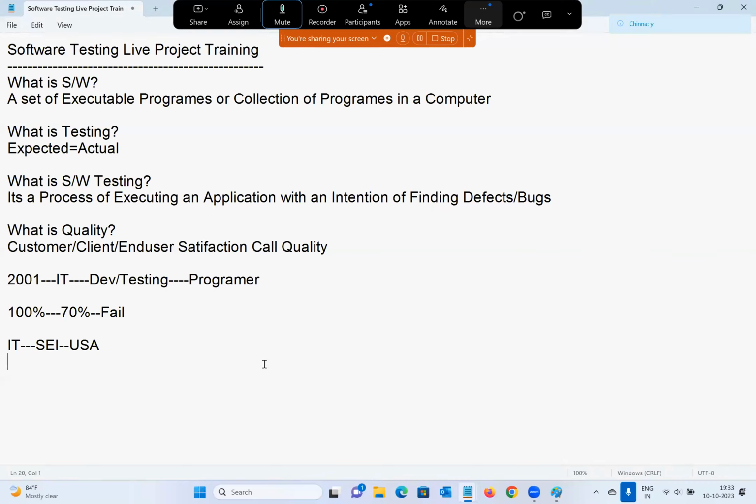Good. Guys, good answers. I'll tell you. Whoever developed the application can think only in a positive way. They can't think in a negative way. Best example, guys. One girl is cooking some food.